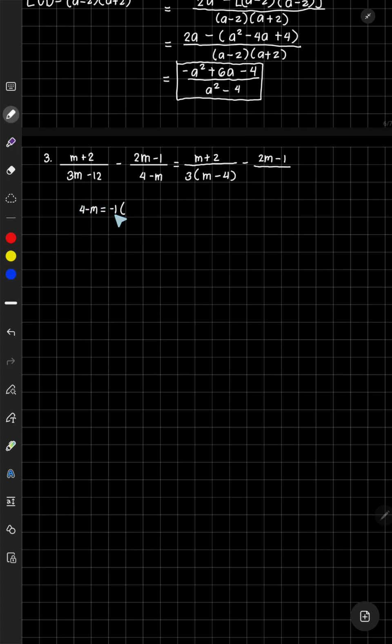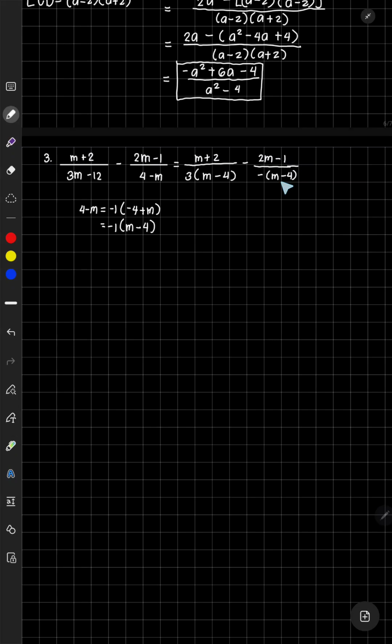So we have 4 divided by negative 1 is negative 4. Negative m divided by negative 1, we have positive m, or rewriting that, we have negative 1 multiplied by m minus 4. So from that, we can write negative m minus 4.